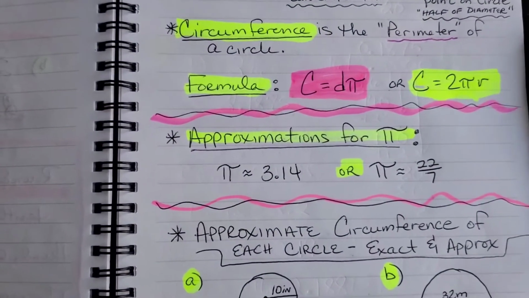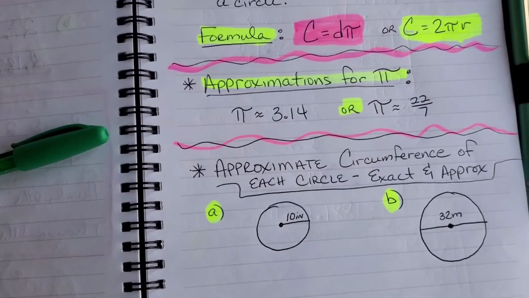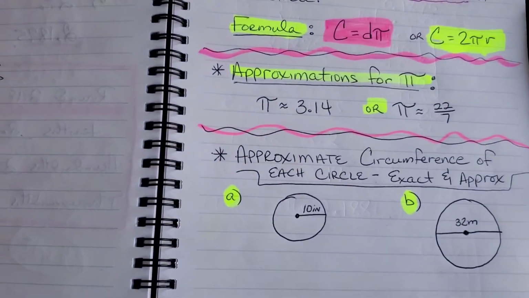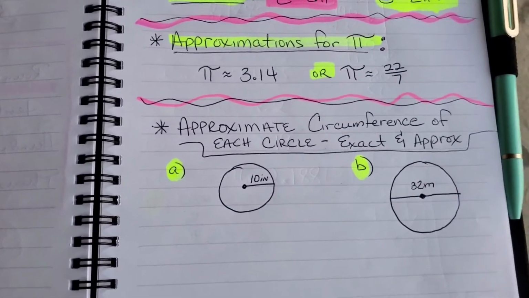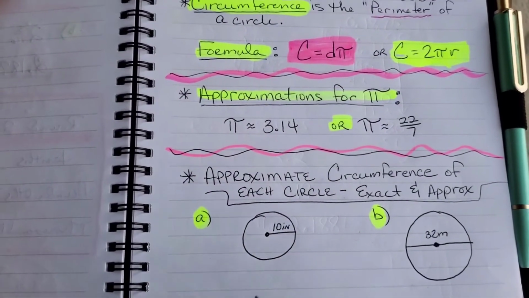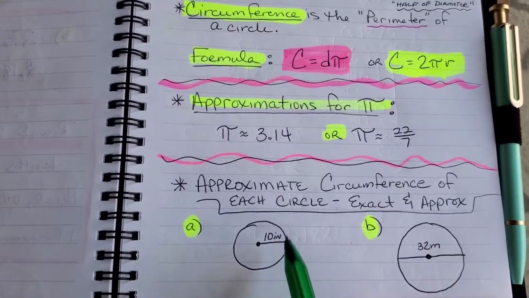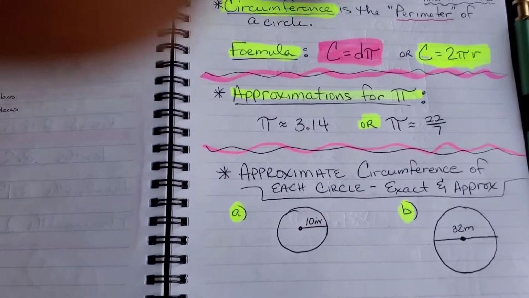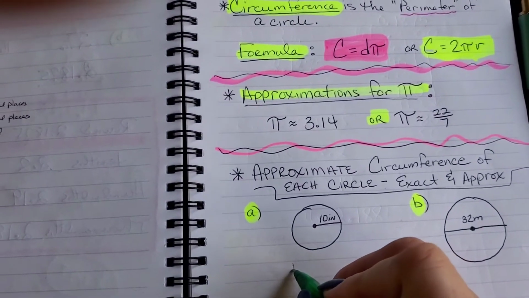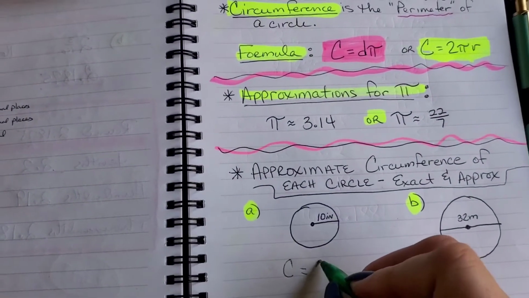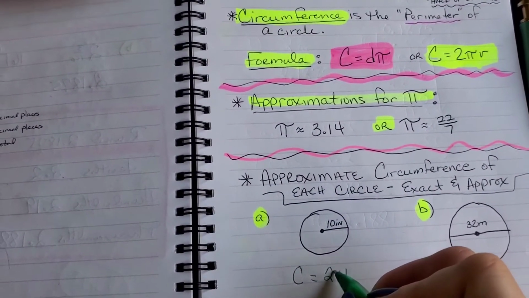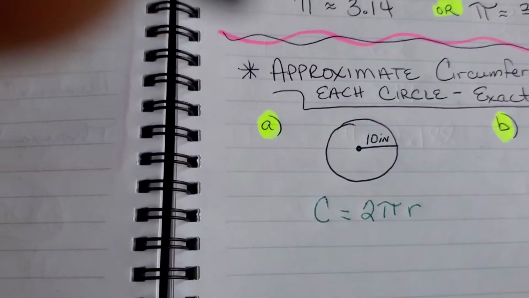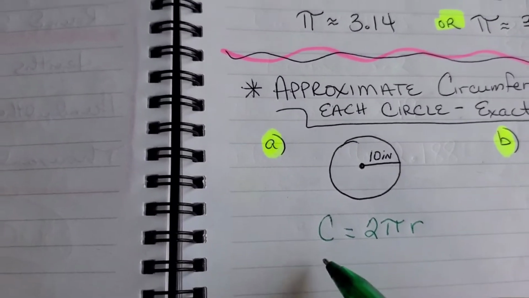Now let's actually do it. I am going to show you an exact answer and then an approximation. If we follow our formula, we've got the radius here, and it tells us to double it. What I always recommend is to first write your formula down, then do the problem by substituting.